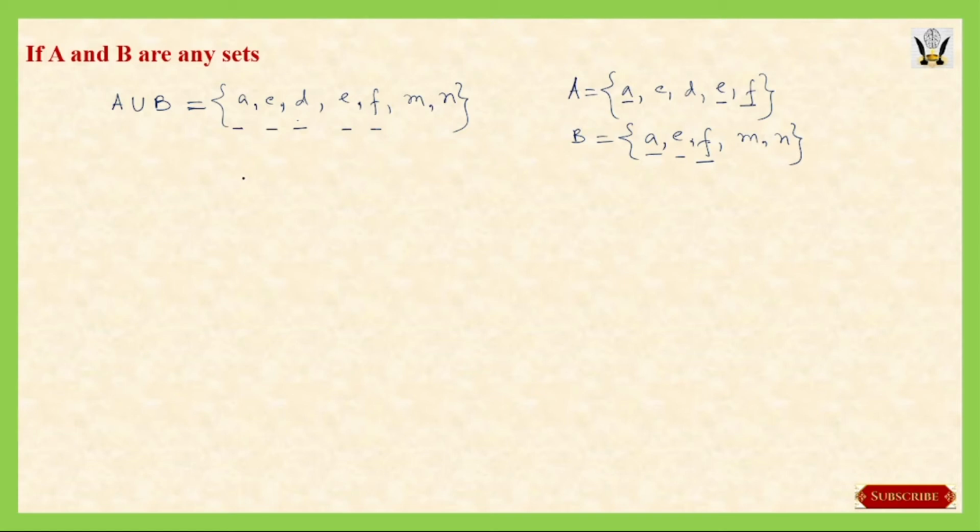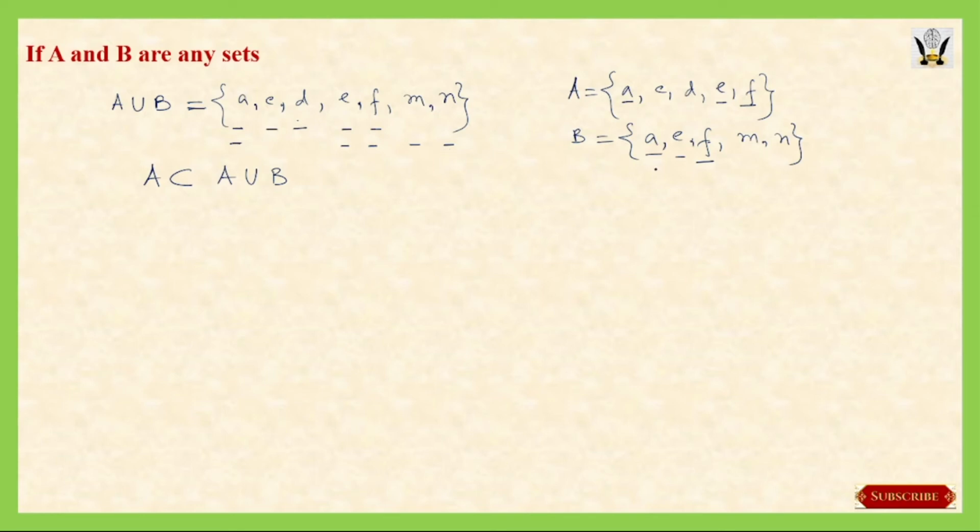So we can say that A is a subset of this resultant set, which is the result of the union operation between A and B. Similarly, if we again evaluate the elements of this union, we find elements like A, E, F and M and N. So we have these elements also, which are the elements of B also.